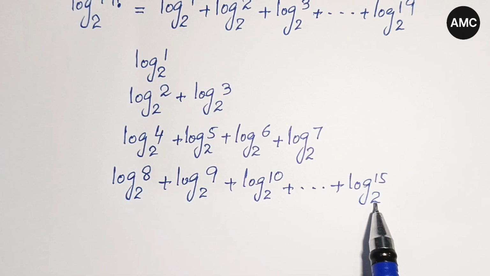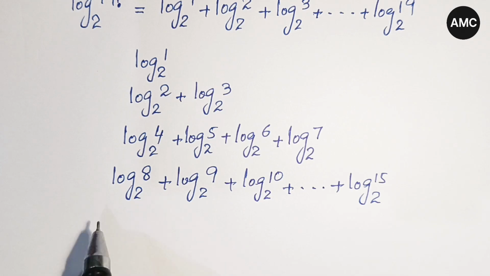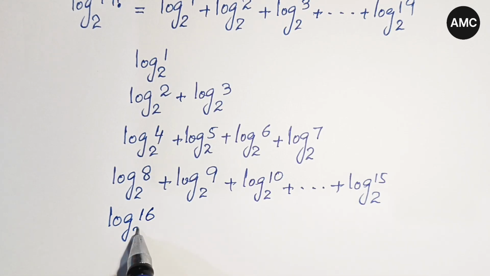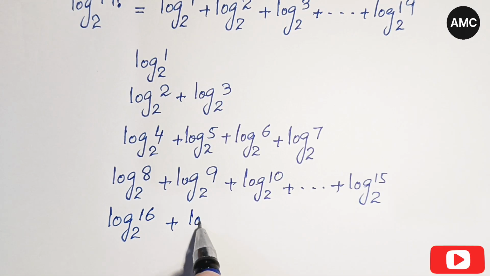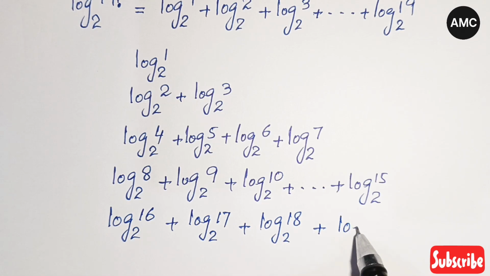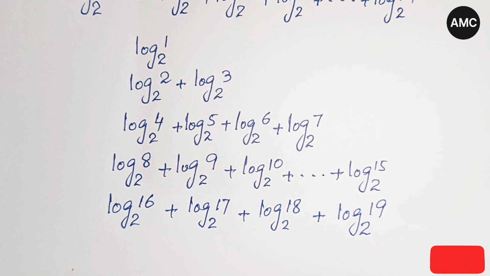Now our last group is log 16 to base 2 plus log 17 to base 2 plus log 18 to base 2 plus log 19 to base 2. Here we have 4 terms again.